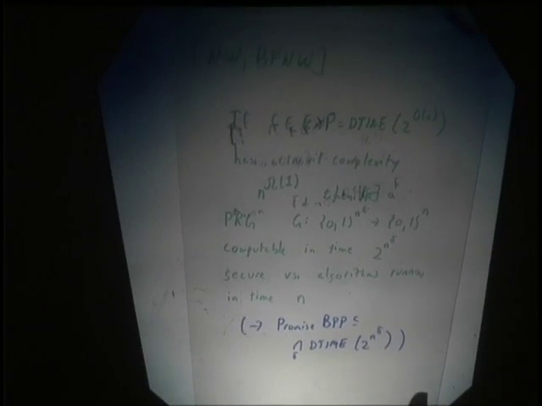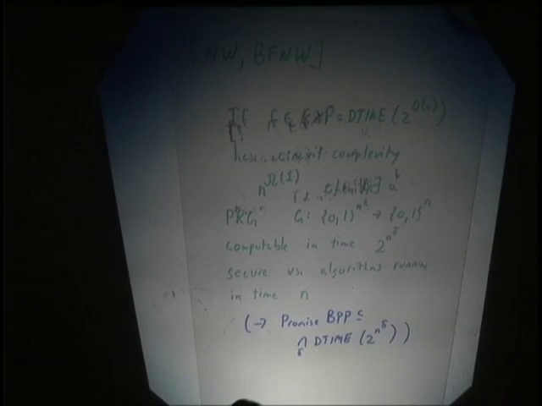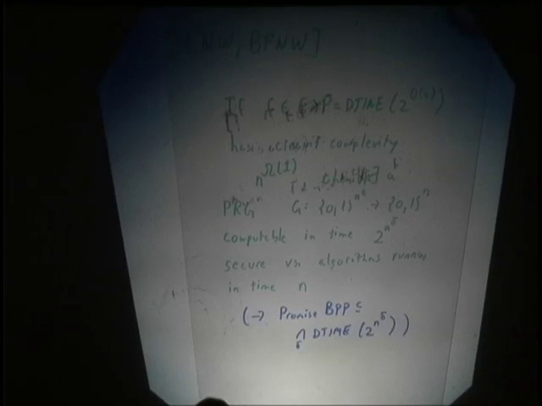And the first people to really take advantage of these differences were Nisan and Wigderson, and then a more complete program was given by Babai, Fortnow, Nisan, and Wigderson. It shows that if we've got a function, it doesn't have to be easy. A one-way function had to be polynomial time computable.